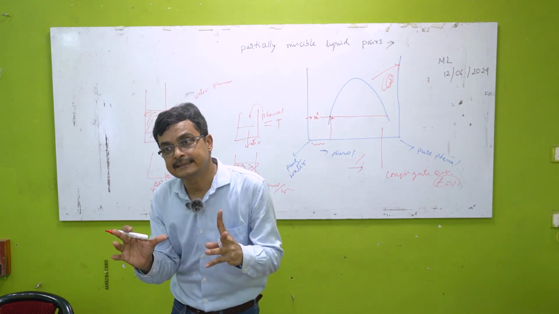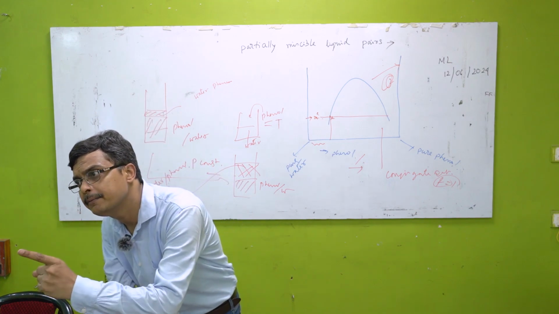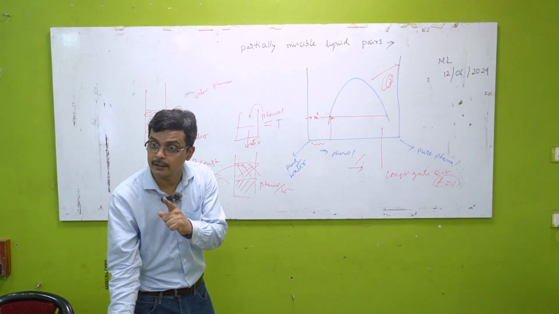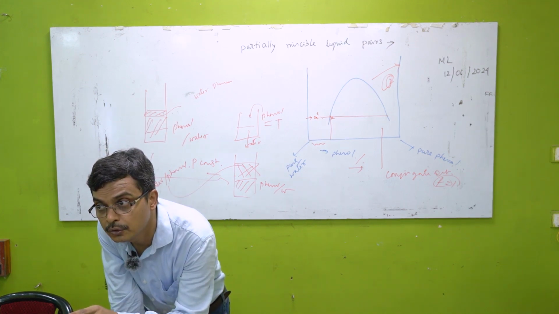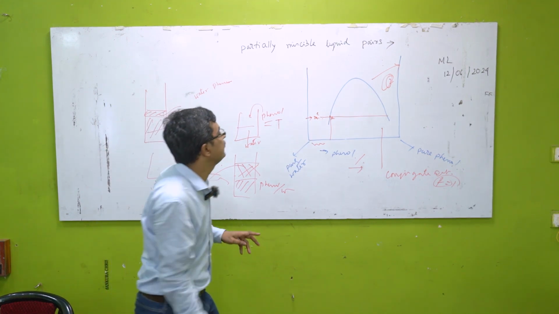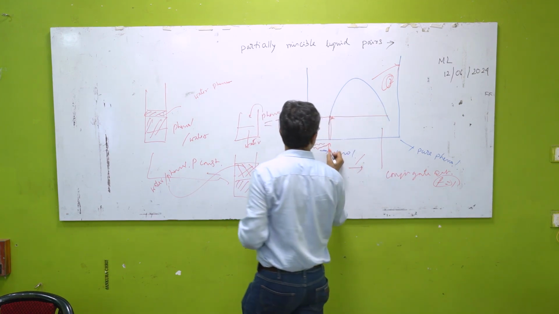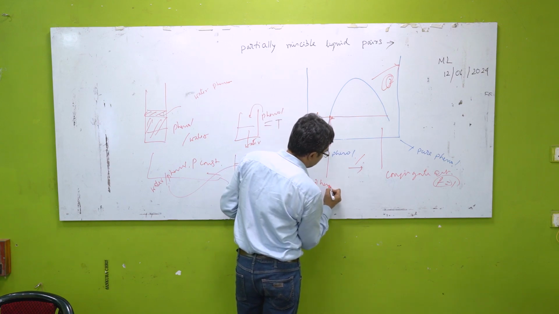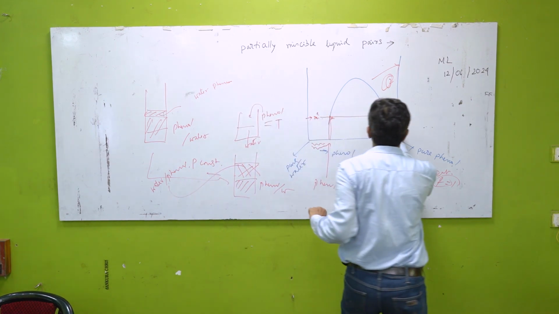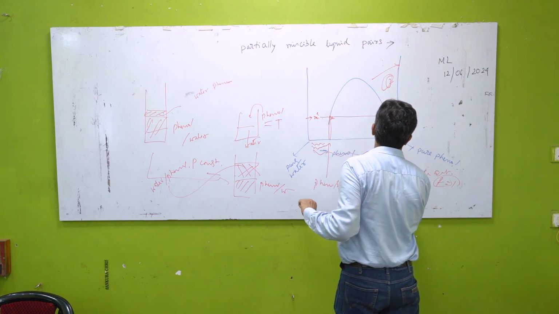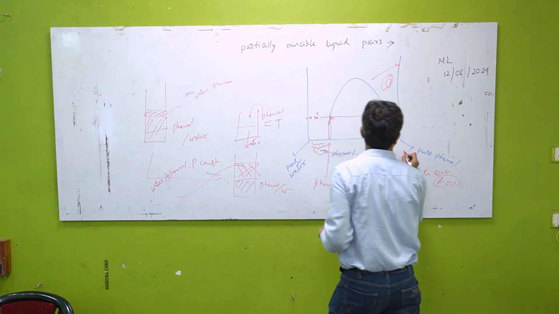The compositions, the mole fractions of water and phenol in the two layers, are the same because the degrees of freedom is 1 and temperature is constant. So composition is automatically constant, and it is given by the tie line at the end. This is the composition of phenol in water, and from this you get the percentage of the solution of water in phenol.